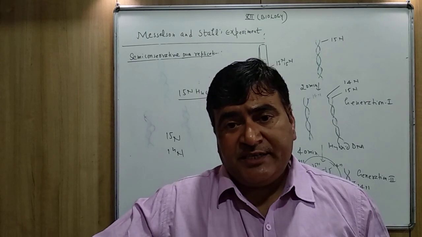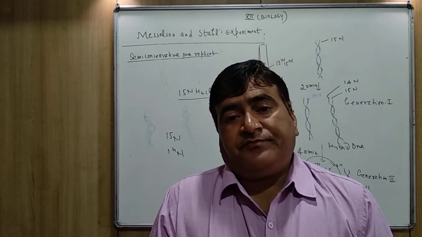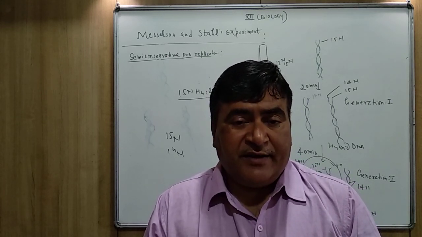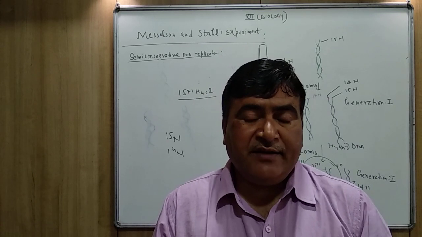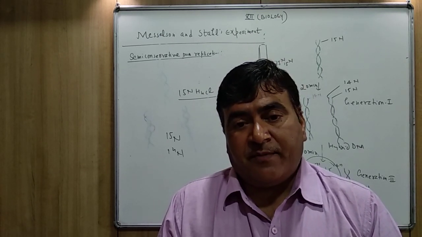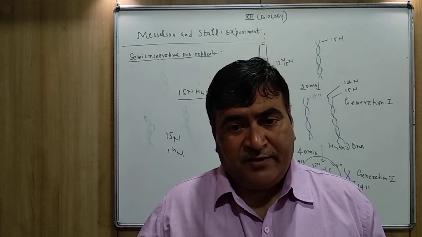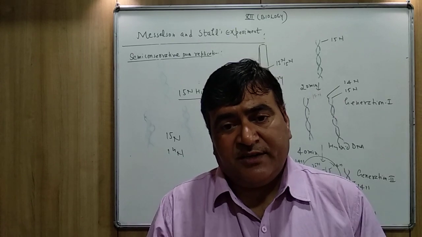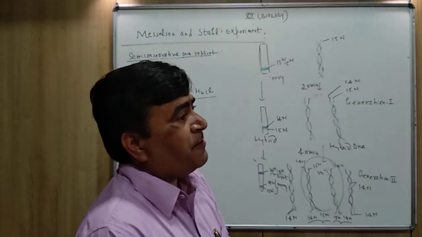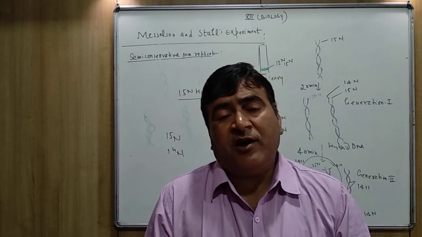And when he studied the amount of 15N and 14N in the next medium containing 14N solution, he found that the 14N amount gradually increased, and overall this experiment proves that the method of DNA replication is what?